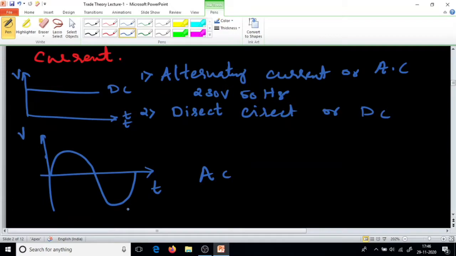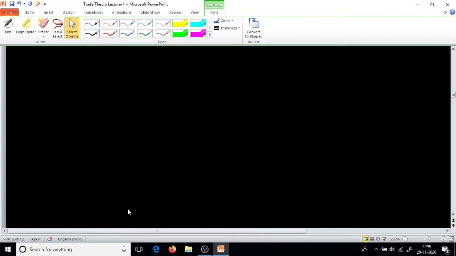Now this is just to start things. Now we have some idea about what current is. Now an important component is resistance. Wherever the current flows, resistance is there.